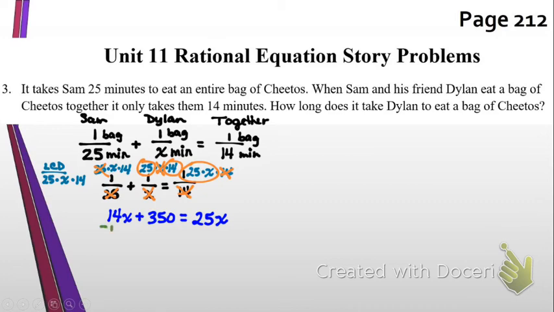I can subtract 14x from both sides. So I would have 350 equals, what's 25 minus 14? 11. And then I'm going to divide both sides by 11.